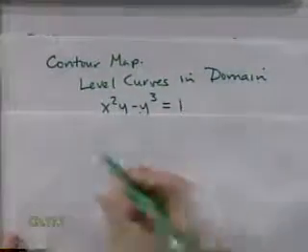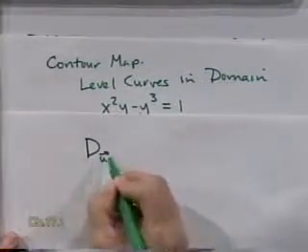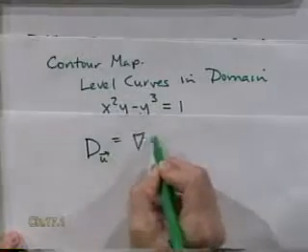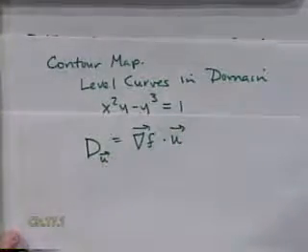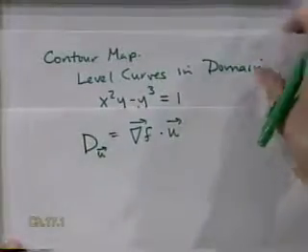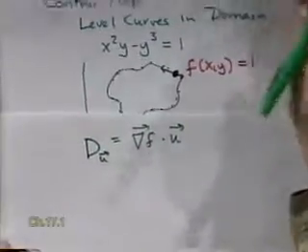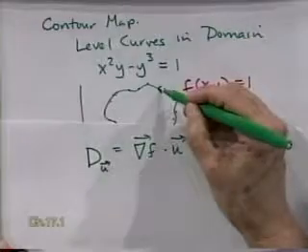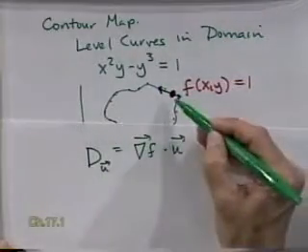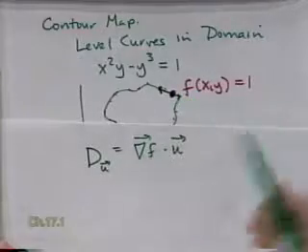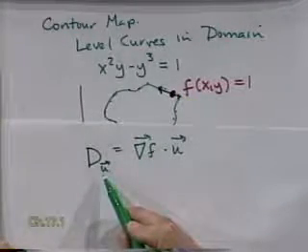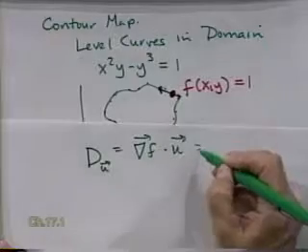As you might remember, your directional derivative in the direction of the vector u was equal to the gradient dotted with the unit vector in that direction, right? Now guys, you just told me if I go in the direction tangent to the level curve, what is the directional derivative going to equal? 0.